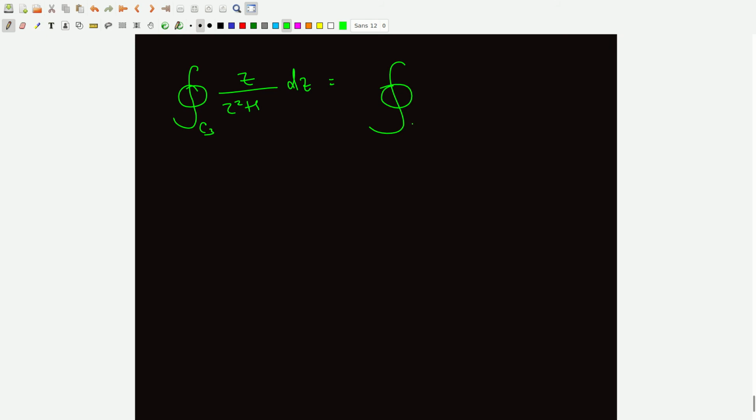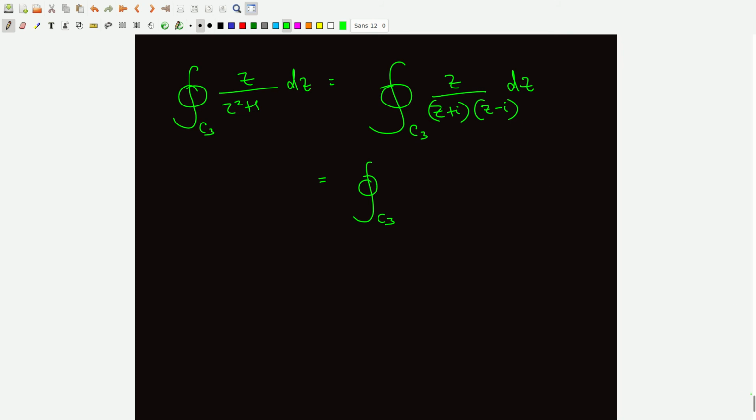So we say this is the closed path integral over C3 of z over (z plus I)(z minus I) dz. So we have this C3.